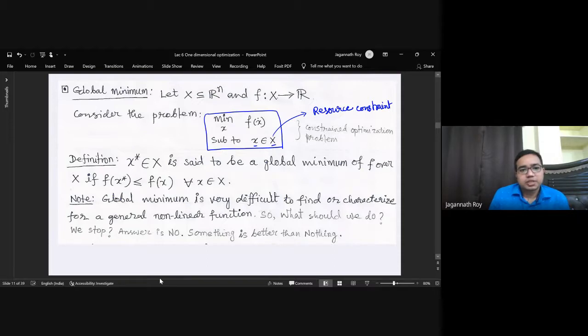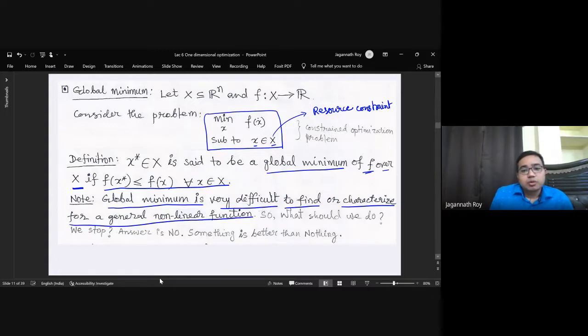I think we have mentioned already, the global minimum of f over the X is defined in this form.